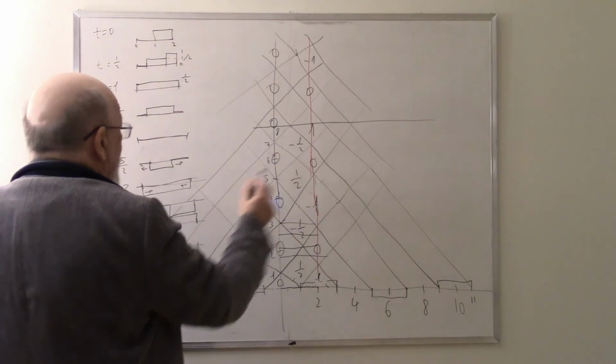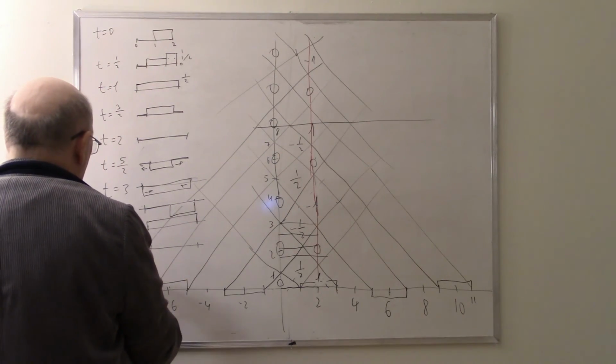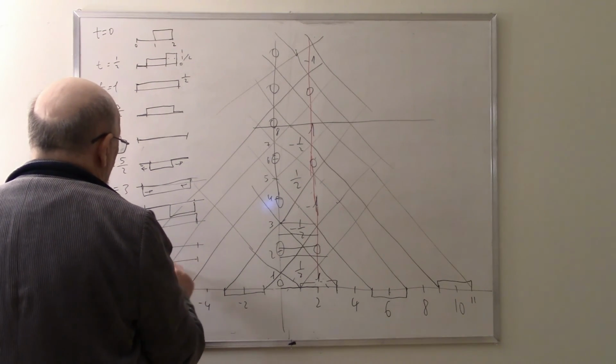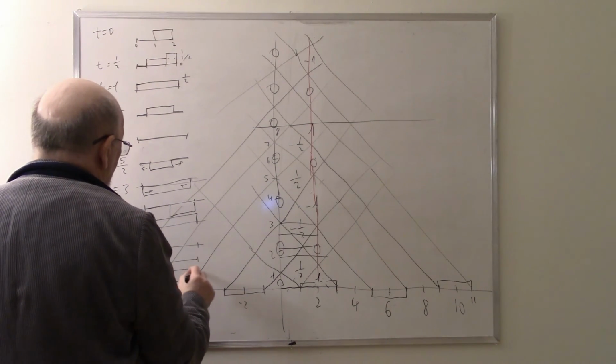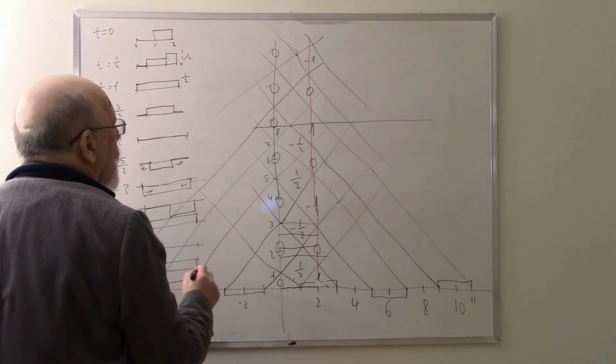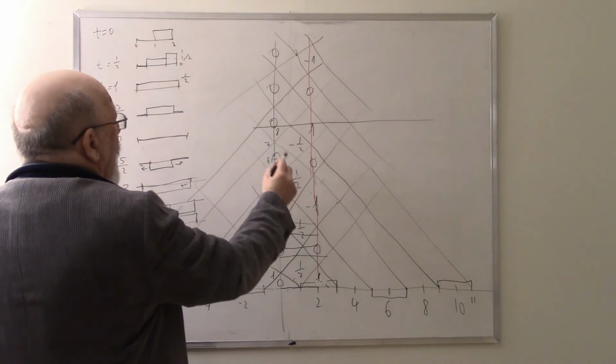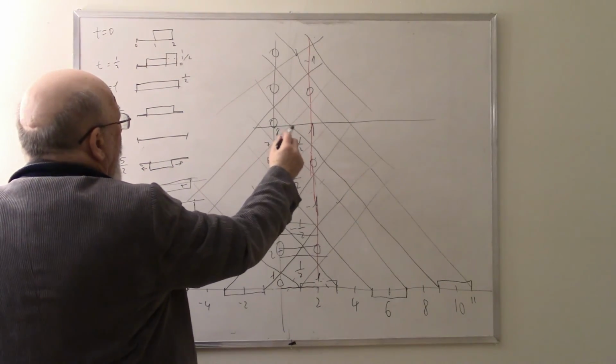T equals 7: minus 1/2. And t equal 8: again 0.